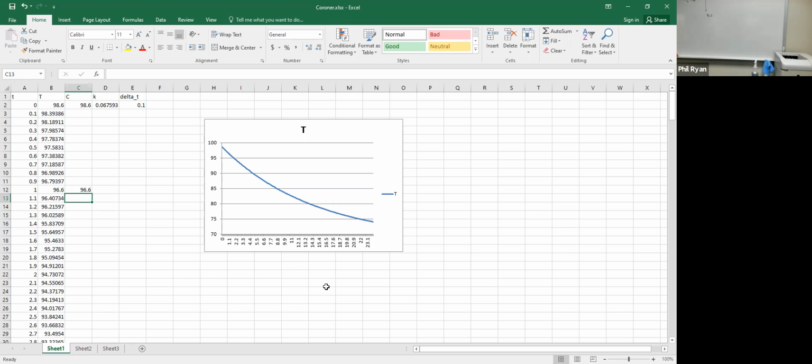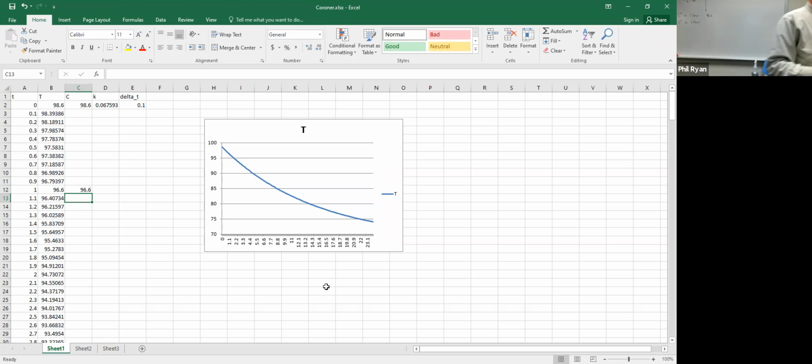Okay, so if it's doing -2 degrees per hour, how much does it go down by every 1/10 of an hour? -2 degrees in 1 hour means what minus what in 0.1 hour? 0.2.